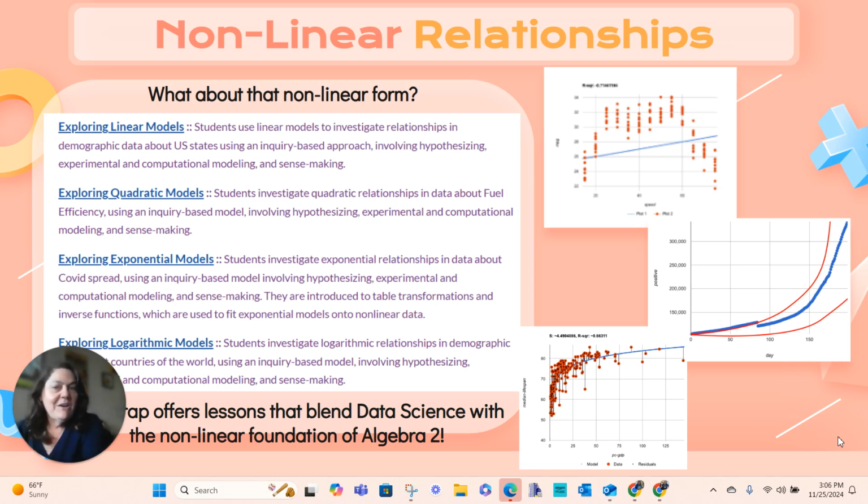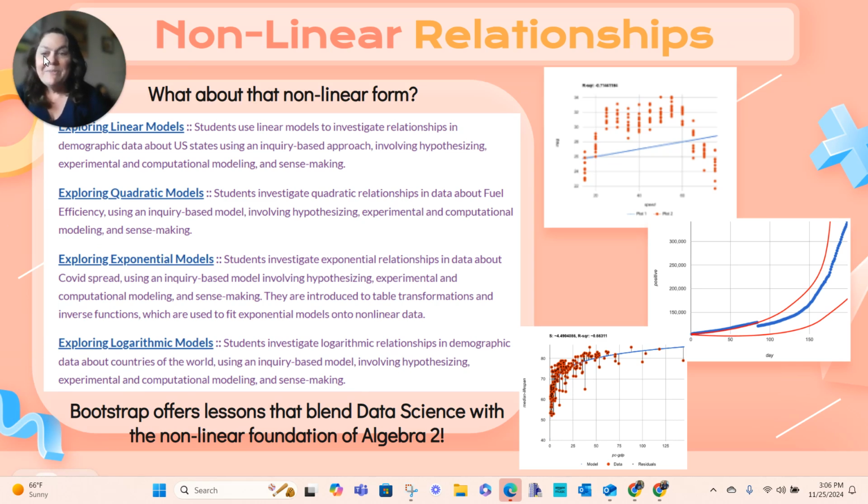But you saw us talk about nonlinear form here in this correlation lesson. And so they might begin to say, I wonder what functions model those nonlinear relationships? Well, you see Bootstrap here offers lessons that will blend data science with those nonlinear forms. And that's a bigger foundation of our Algebra 2 curriculum or Integrated 3 curriculum.